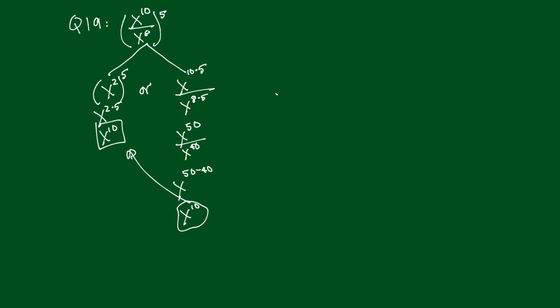Either way works. And in number 20, you know what I think I'm going to do here? I think I'm going to go ahead and simplify the top, simplify the bottom. So doing so, what have we got up here? I've got a power raised to a power. So multiply the exponents. So this is going to be x to the 7 times 7, or just do it in your head.